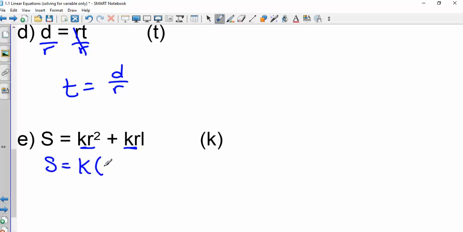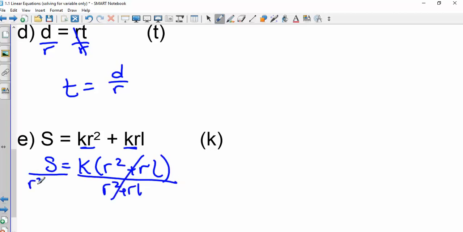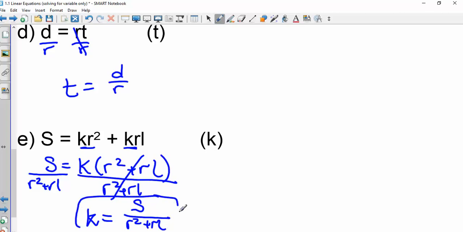So if I take this k out, I'm left with r squared plus rl. So now it's k times something, so the opposite of multiplying is dividing. So k is equal to s divided by r squared plus rl.